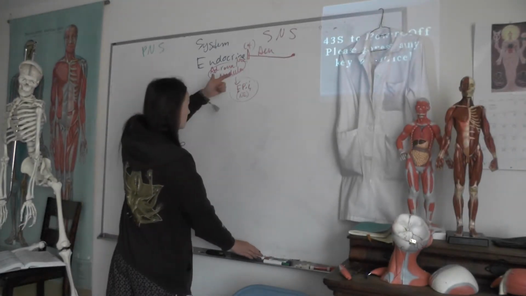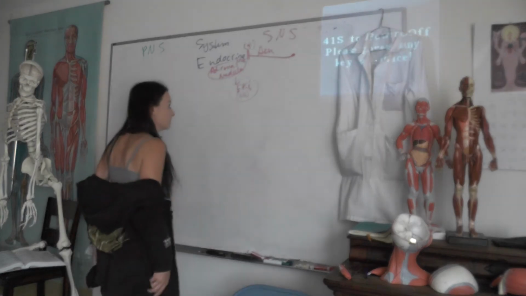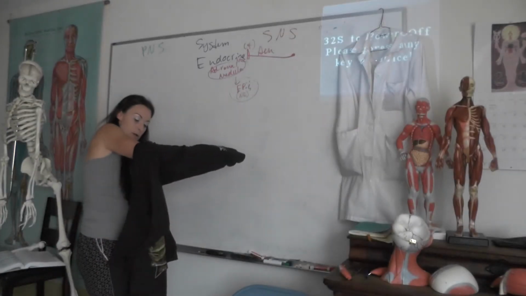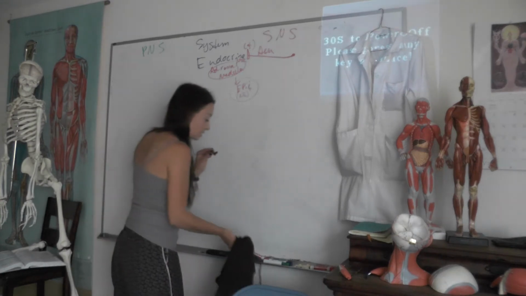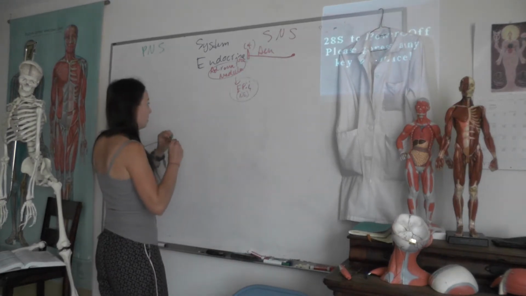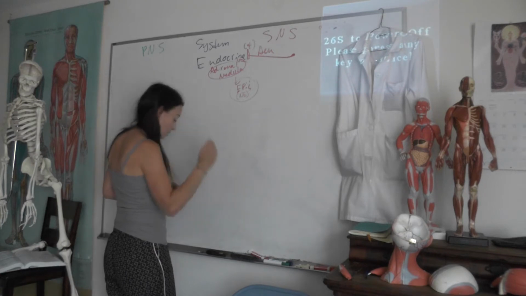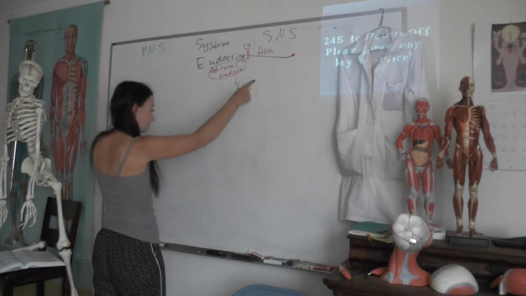The norepinephrine that is being released from the sympathetic nervous system is crossing the small distance of the synapse and binding adrenergic receptors that are going to cause all of the overall effects that we talked about in your last class. So, okay, what else? I wish I had picked a different color because this is the exception.